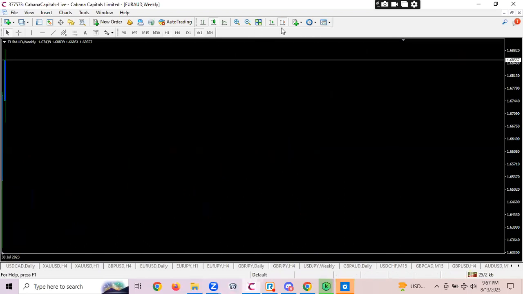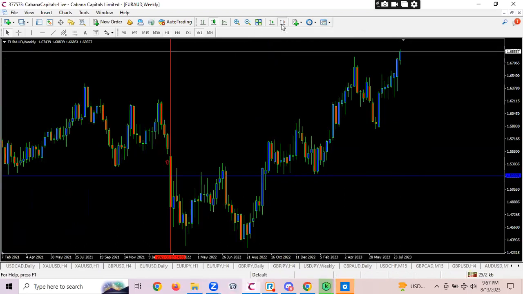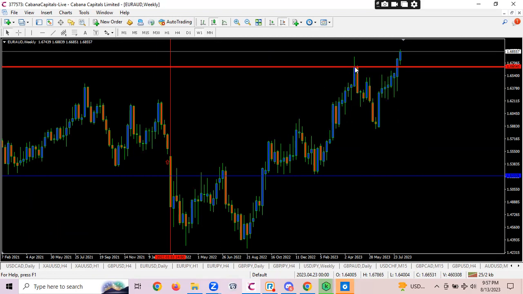So let's start with the weekly. Strong indication that the buyers are still in control. This resistance was broken two weeks ago, so the buyers are still in control. But entering a buy, as far as I'm concerned, at this price is at a higher risk.